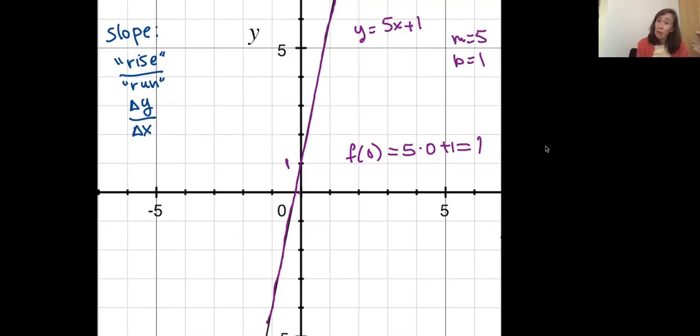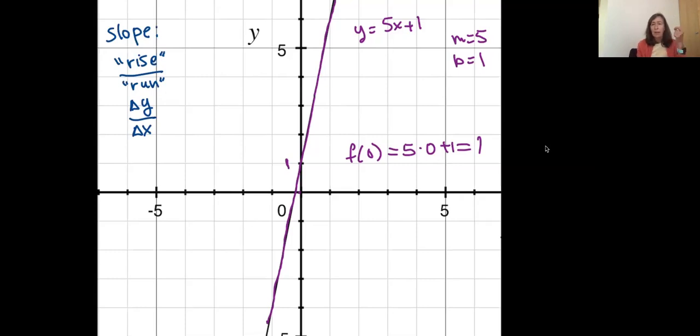The other thing we want to know is, is the relationship between X and Y big or small? That's hard to tell without knowing what the units are, but that looks like a pretty steep line. So if these units are roughly comparable, X is having a pretty big effect on Y. We go a little way in the X direction and it corresponds to a big change in Y. Let's look at that in the picture here.